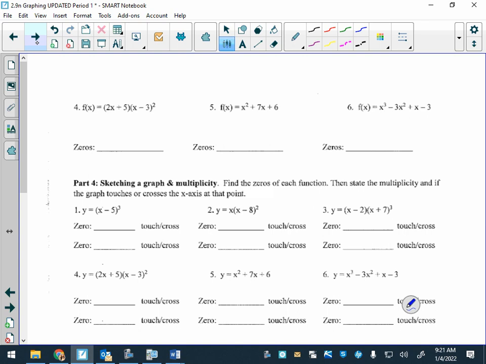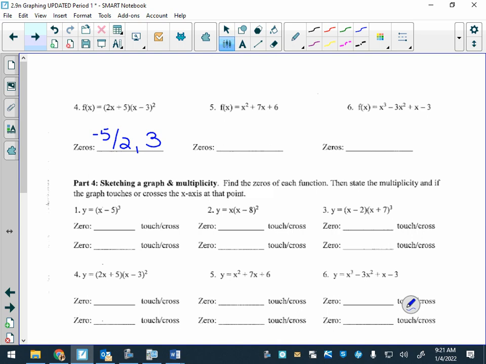All right, number 4, what would it be? Eliza? Perfect. Good. Now, number 5 and 6, you had to factor, okay, in order to find the zeros, okay?